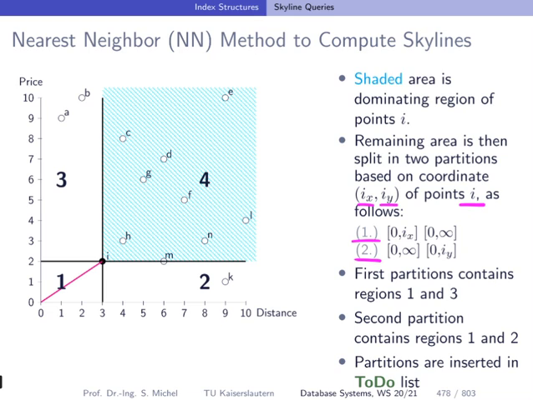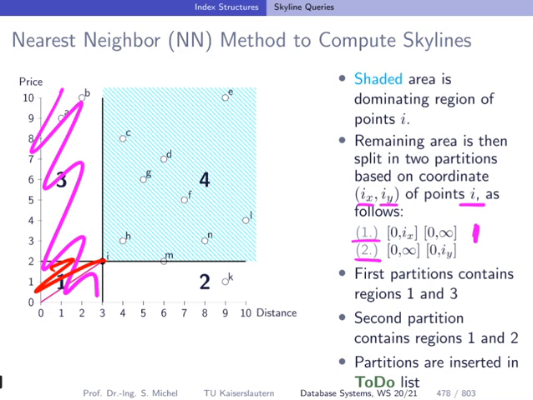The first partition contains regions 1 and 3. So this is this range. And the second one contains 1 and 2. These partitions are inserted into a queue, into what we call a to-do list, and will be looked at next.